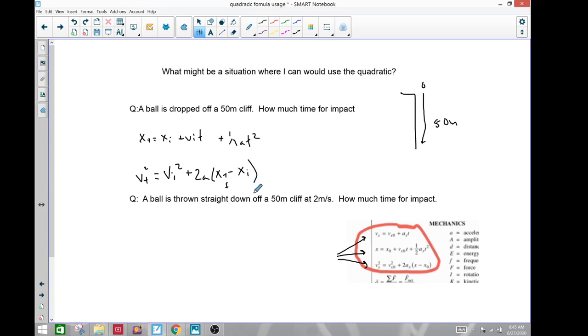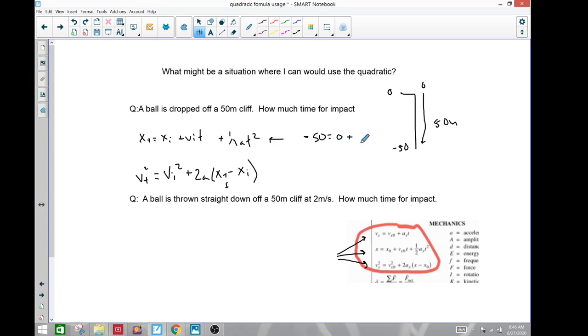So either way, do I need to use the quadratic here? Well, first of all, that's what I got here. Let's use this one here. Now, we set a frame of reference, so the initial position is 0. I'm going to call this 0. This would be negative 50 because it's going down. So negative 50 equals, all right, 0 would be that component.